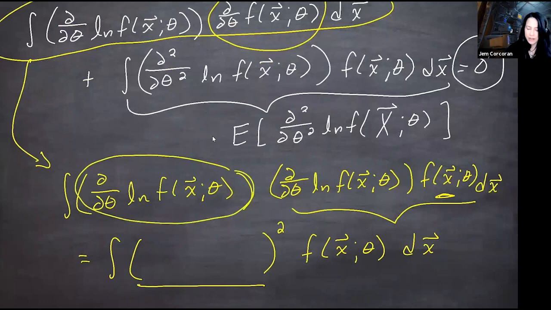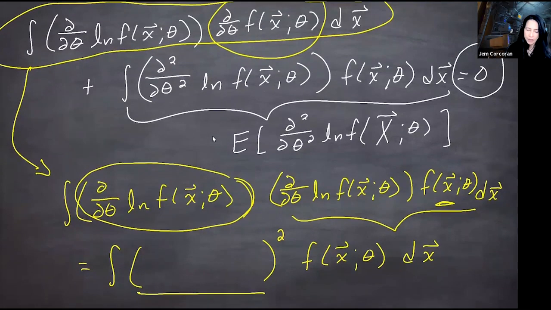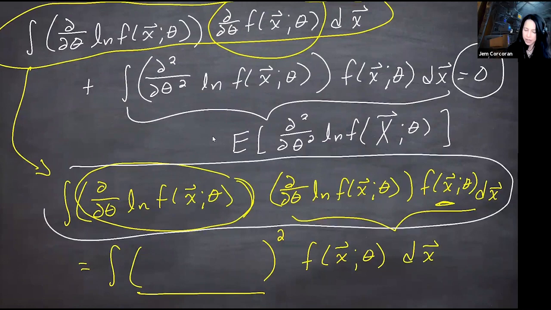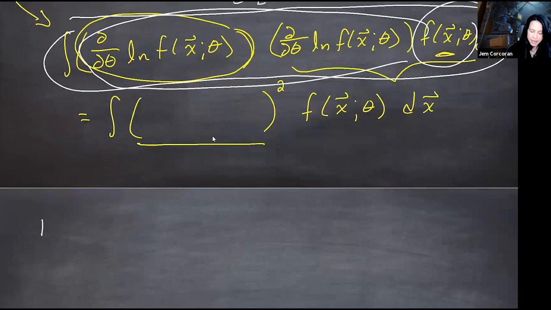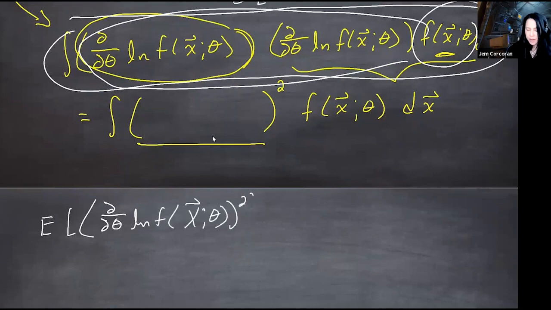I probably should have just slowed down and done it neater. But the circled thing at the very top of the screen is equal to this integral. And we've got a PDF here, and the stuff in front gives you one of those squared. So what we have shown is that the expected value of the derivative with respect to theta of the log of f of capital X and theta all squared plus the expected value of the second derivative is 0.